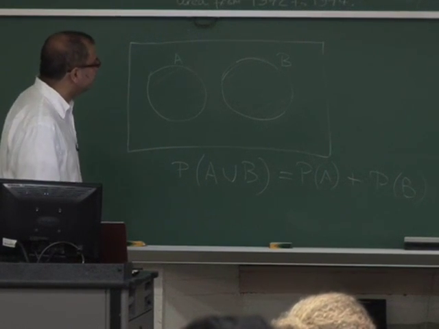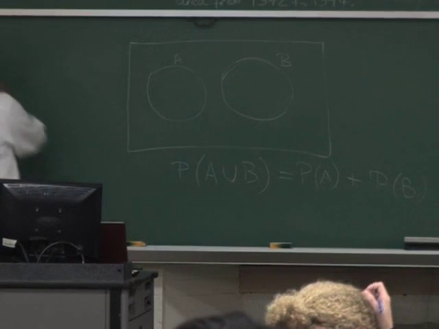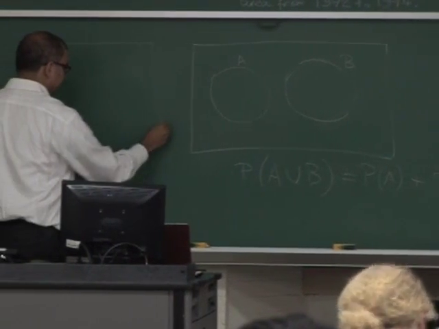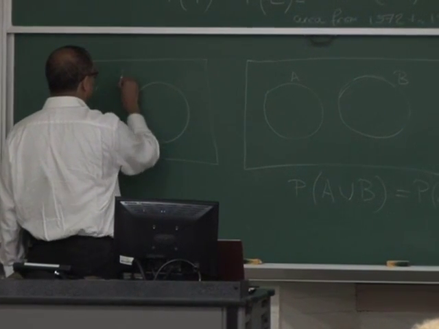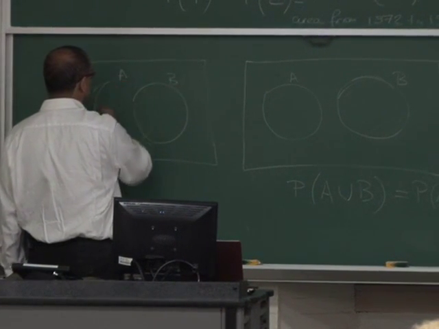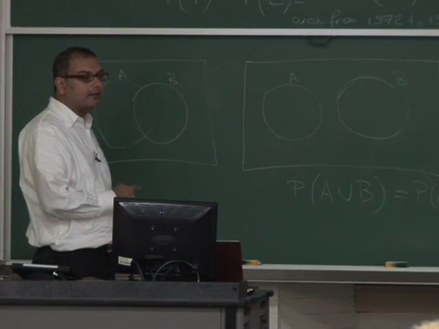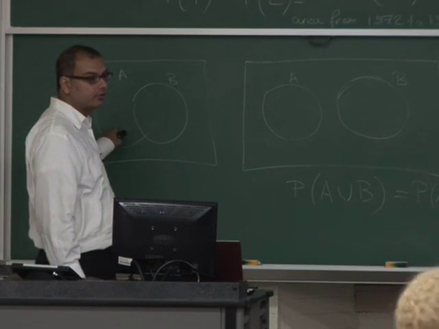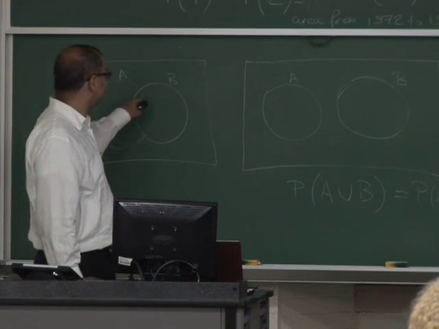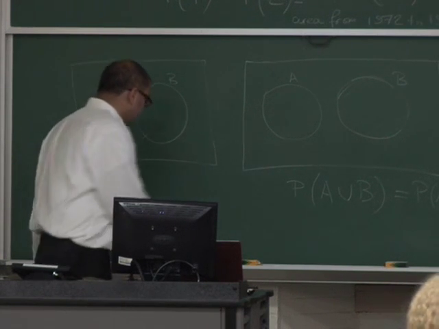But, of course, events that are not mutually exclusive might look like this. In that case, the probability of A or B would not simply be the sum of these two circles, because you'd be double counting the intersection, right?